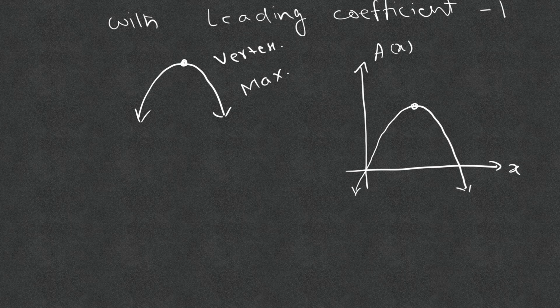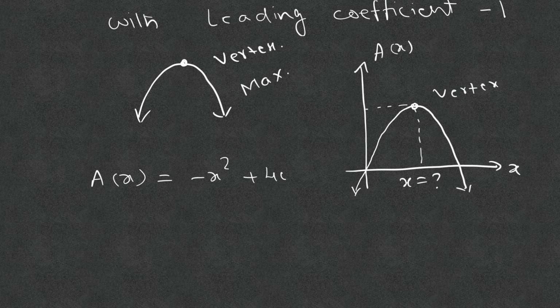And the maximum occurring at the vertex at some x value which we want to find. From the area function, A of x equals negative x squared plus 40x.